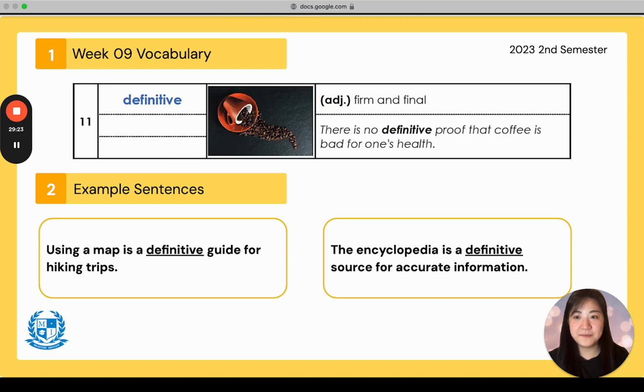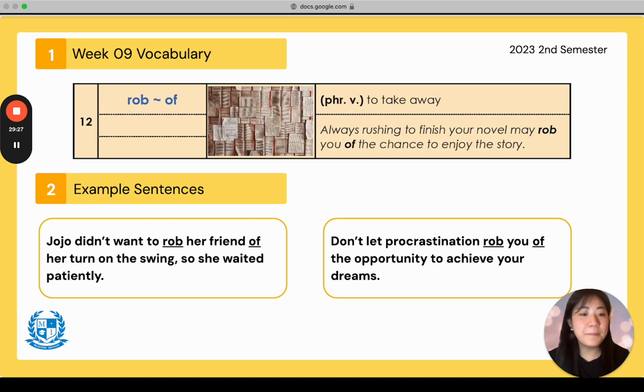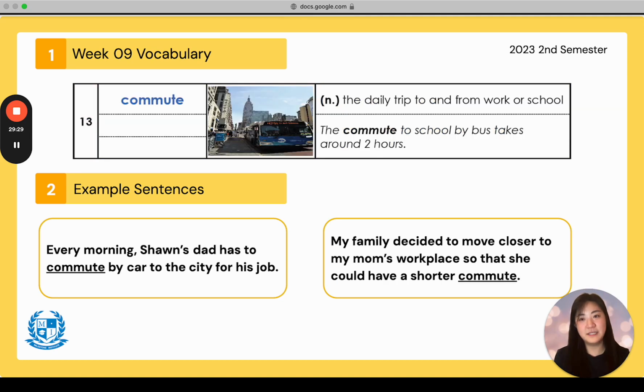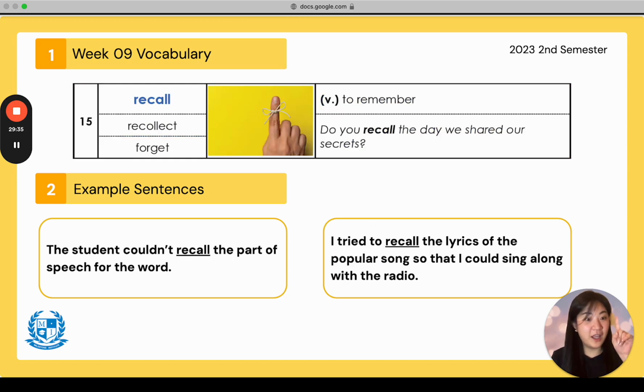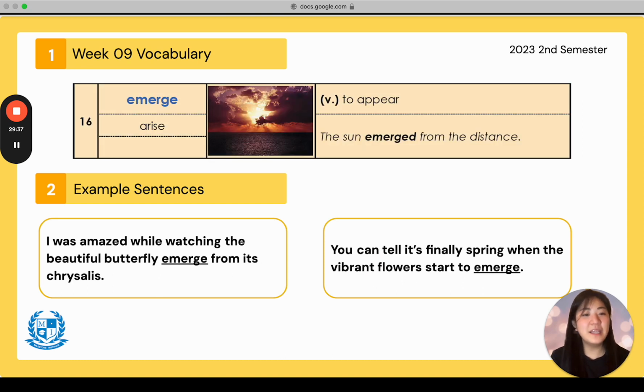Cellophane. Definitive. Rob of. Commute. Shame. Recall. And emerge. Good job. High five for you, and oh, high five for you.